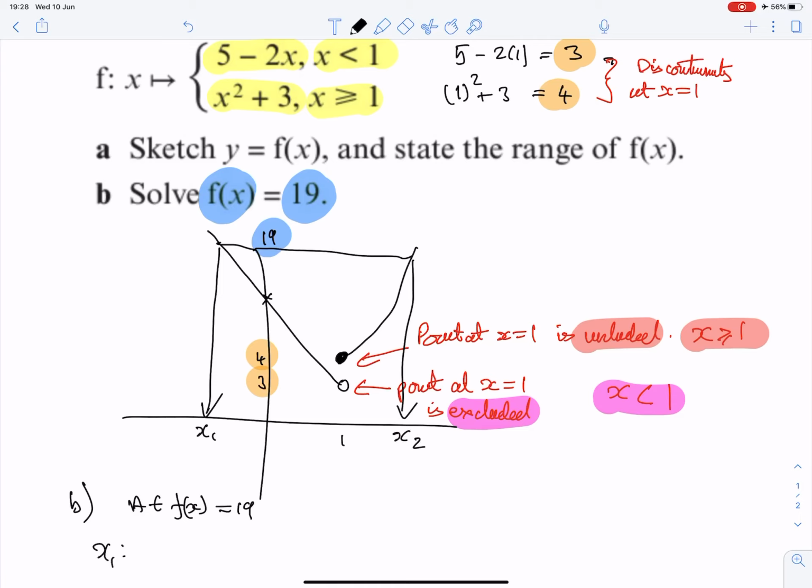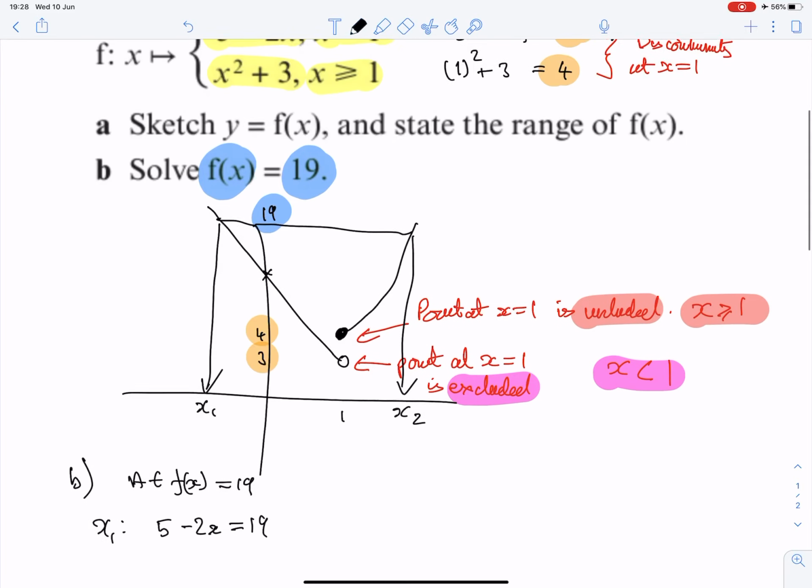So let's think about x1. That's the straight line graph, so 5 minus 2x is equal to 19. That's coming from this straight line graph using that equation. And now we can solve that.